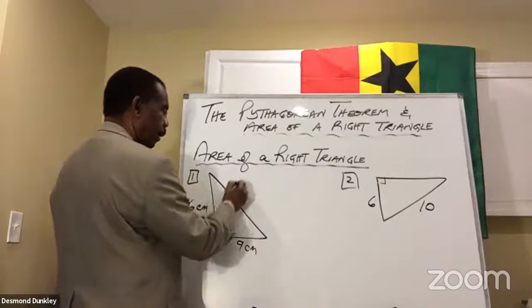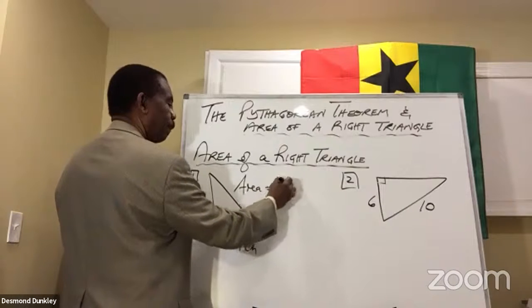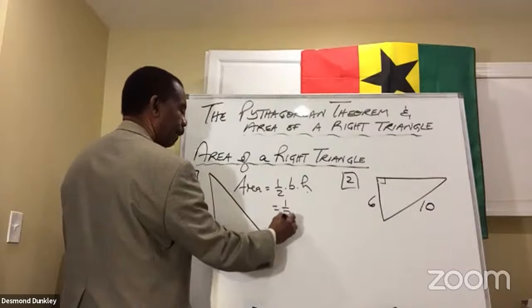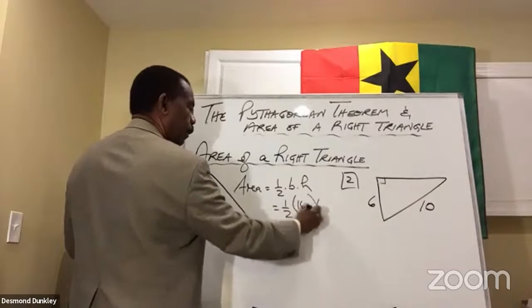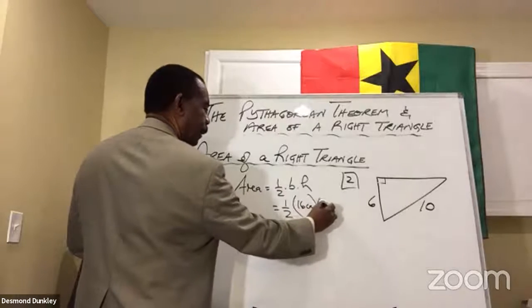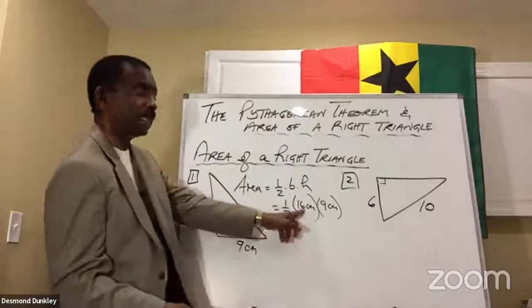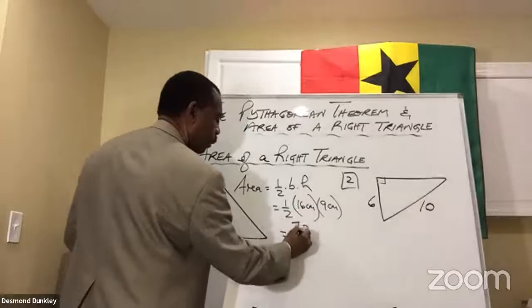So the area is equal to a half base times height, is equal to a half 16 centimeters times 9 centimeters, is equal to a half times 16 is 8. 8 times 9 is 72.